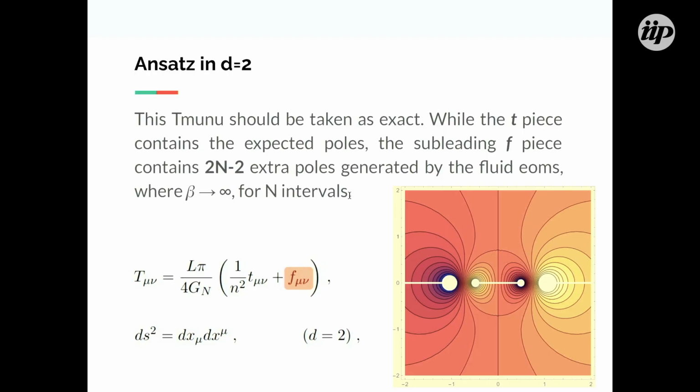But there appears a new term, which is of order n to the 1, that appears exactly because you're solving for a perfect fluid. Because you're solving for a perfect fluid, the fluid equation is trying to manage all the vorticities at the same time, and the solution finds itself in a sort of, for n intervals, 2n minus 2.